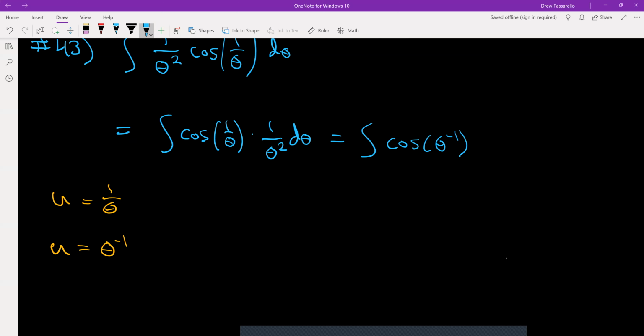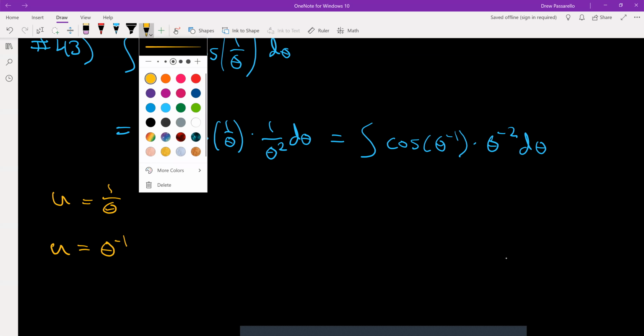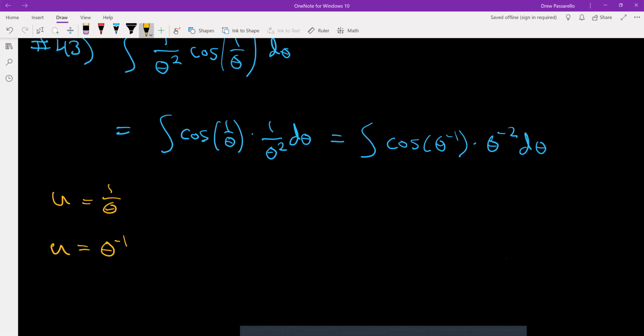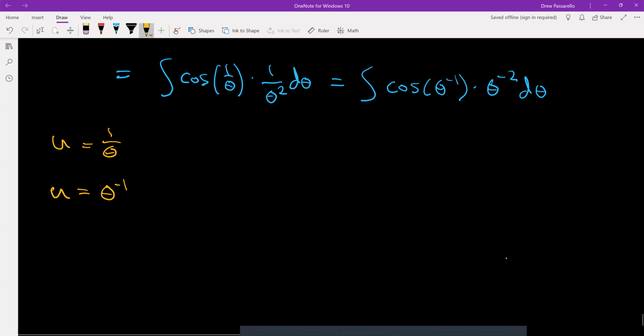And I can rewrite 1 over theta squared as theta to the negative 2, because when I take the derivative of theta to the negative 1, so du, that's going to be drop down the exponent, negative 1 times theta to the negative 1 minus 1, which is negative 2. And then I attach the d theta.